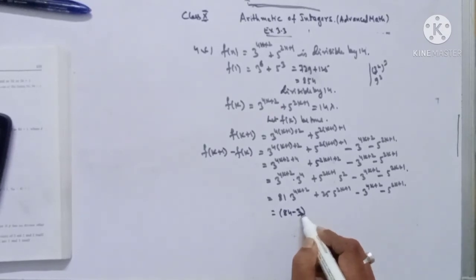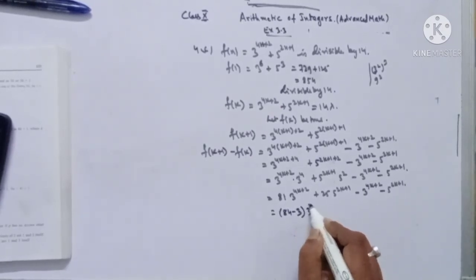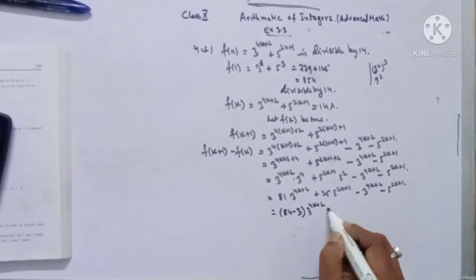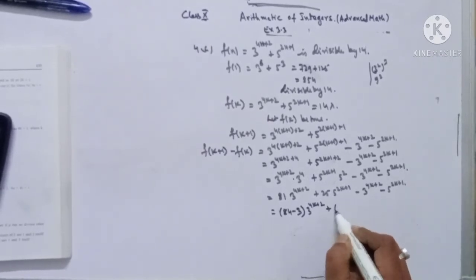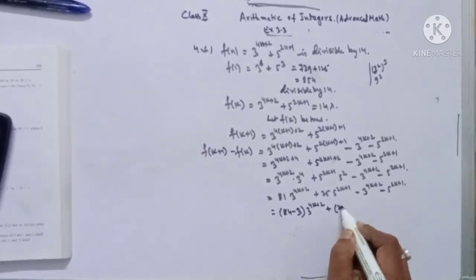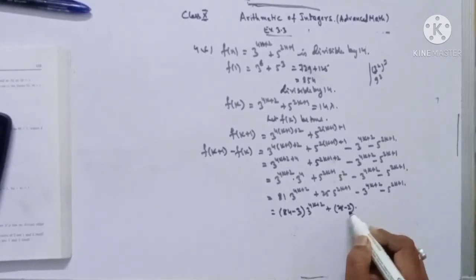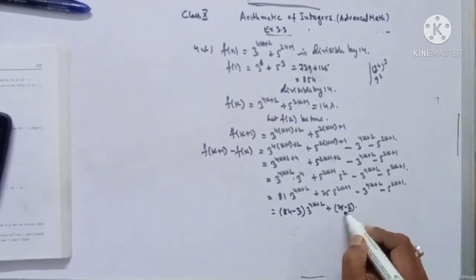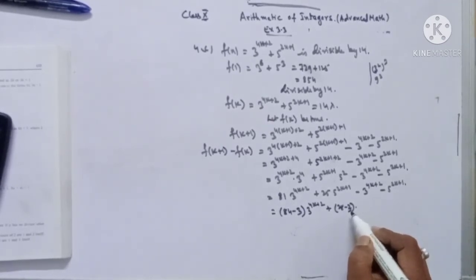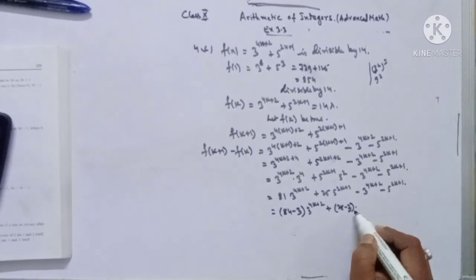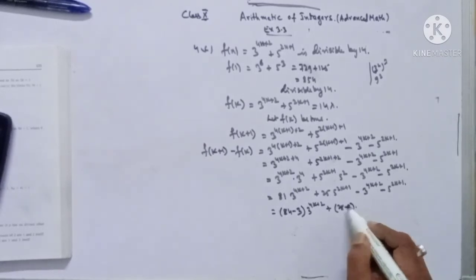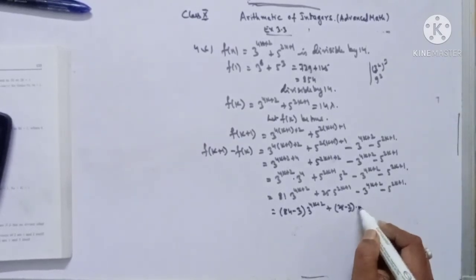That is 81, 3 to the power of 4k plus 2, and this will be 28 minus 3, because 25 plus 3 is 28.